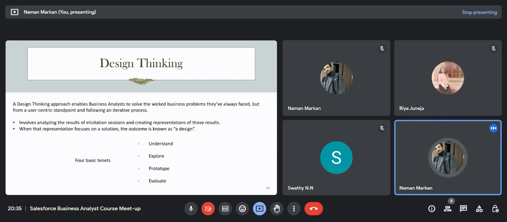Who want to maintain that user-centric approach, so that the stakeholder or the client can engage and apply that kind of design thinking approach in their particular business framework. So by introducing a designer mindset into the analytical process, BAs can manage the requirements more effectively, right?